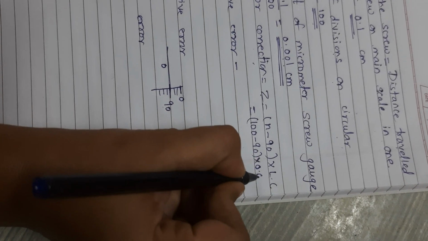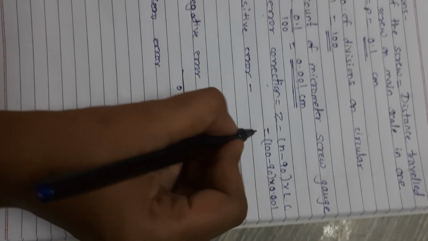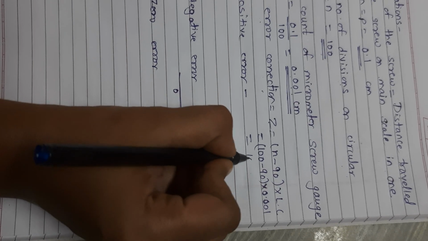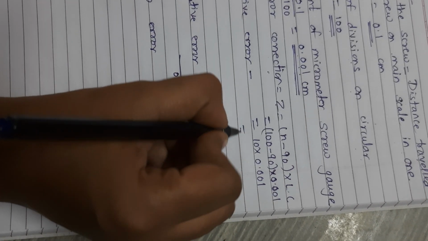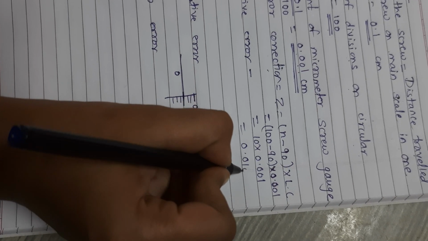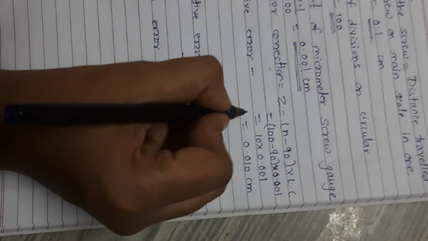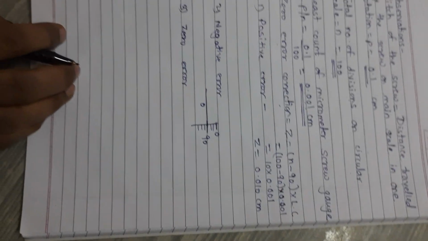Therefore multiplied by 0.001. Then we get 10 into 0.001. Therefore we get 0.010 centimeter. This is the zero correction error.